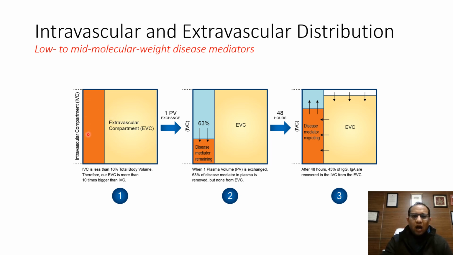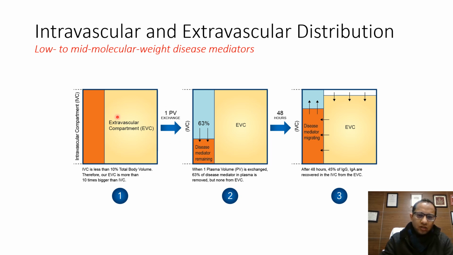Most of the high molecular weight proteins or substances which you need to remove are in the intravascular compartment, and this is the compartment that you're going to target during the plasma exchange. For example, IgM stays in the intravascular compartment. Fibrinogen is in the intravascular compartment. So all of this gets removed when you are targeting this compartment.